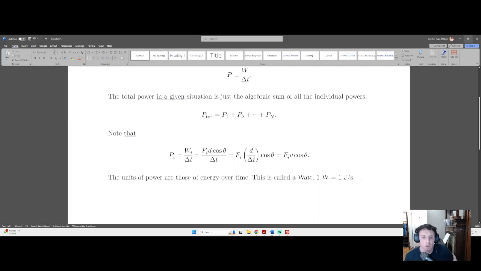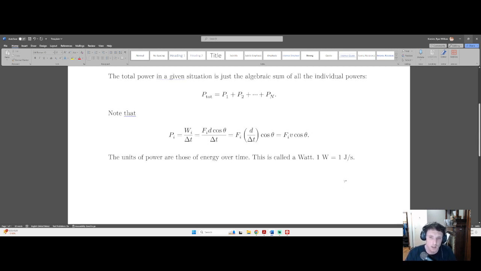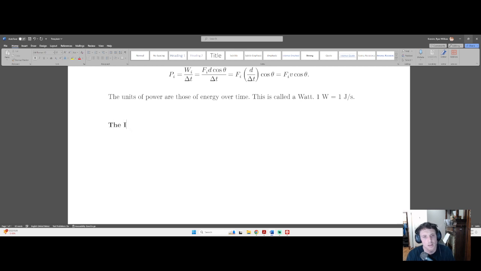All right, now we're going to move on to the new stuff, right? So I need to talk about the impulse momentum theorem. Okay, so what we're going to do here is look at Newton's second law.